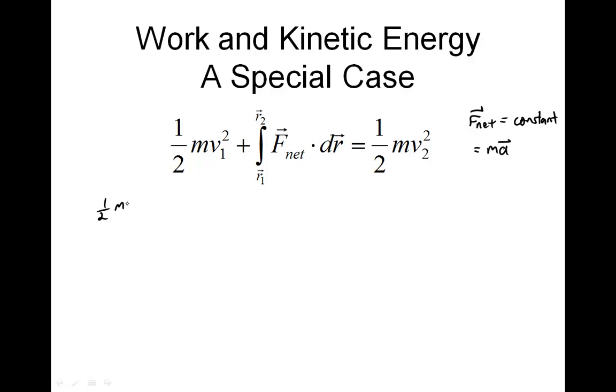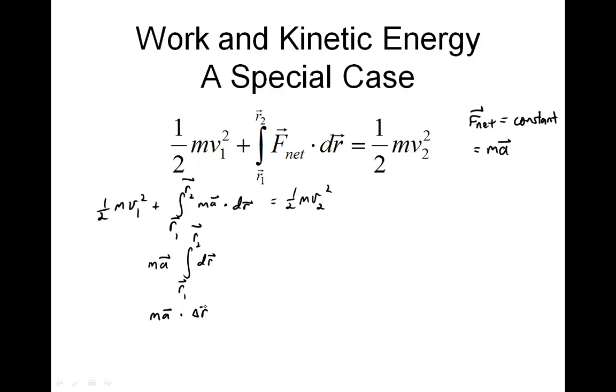I get 1/2 m v1 squared plus the integral from r1 to r2 of ma dotted with dr equals 1/2 m v2 squared. But if I look just at the integral, ma is constant, so it comes out. So I have ma times the integral from r1 to r2 dr. But that's just ma dot with delta r.